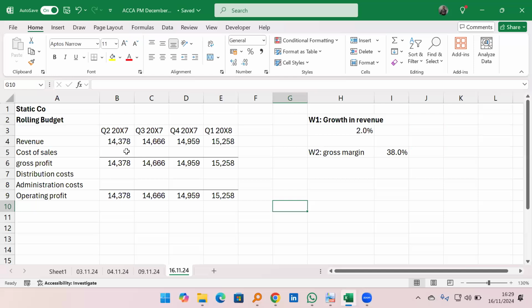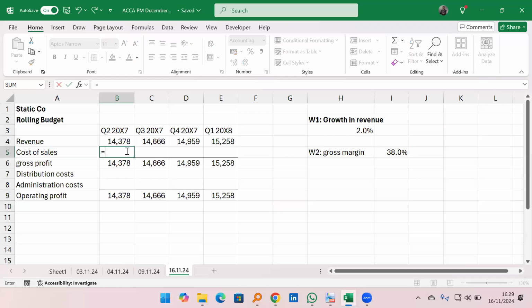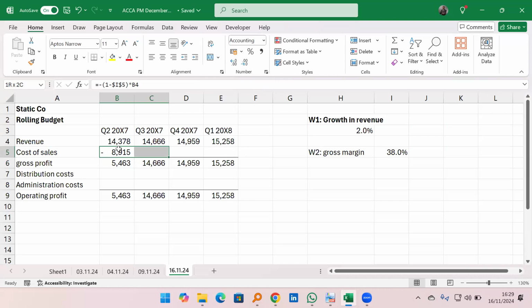So the cost of sales are going to be 1 minus this gross margin, fixed in place, multiplied by our revenue. The cost of sales are negative, so we put a minus in front of that, and you have 8,915. Then when you drag through, you get your gross profits.